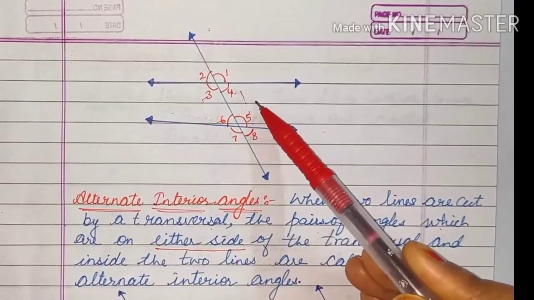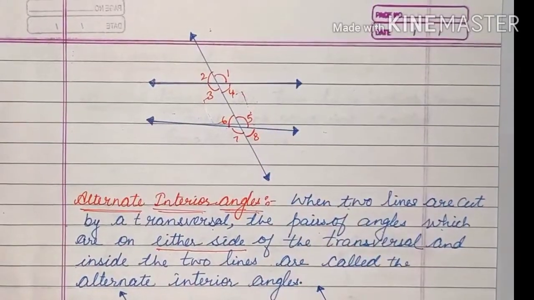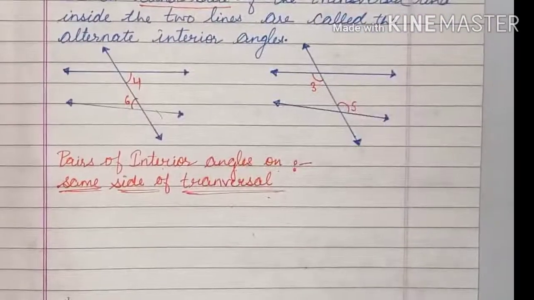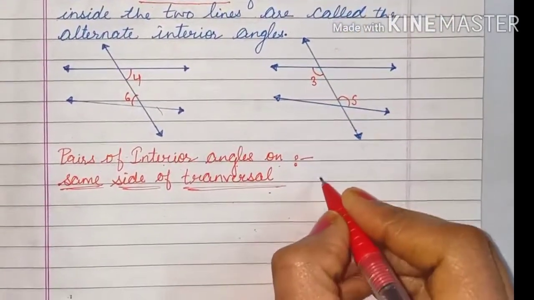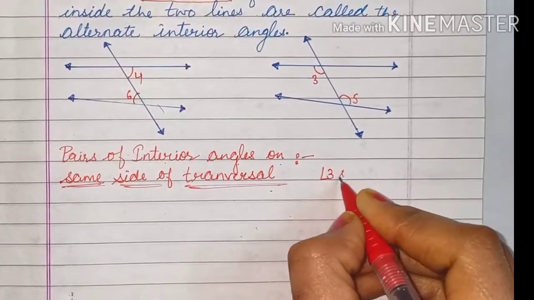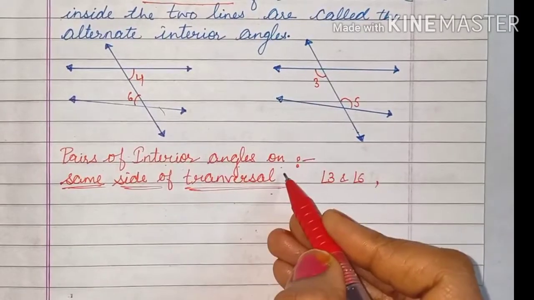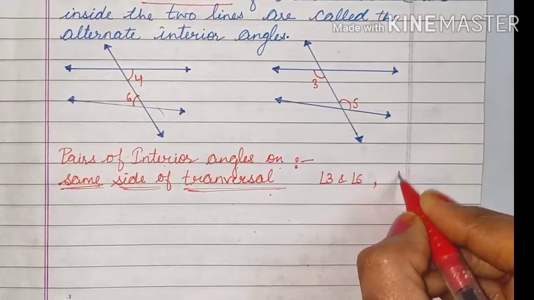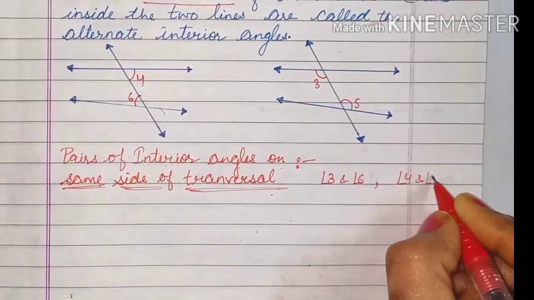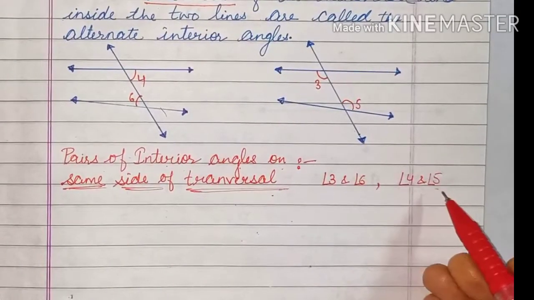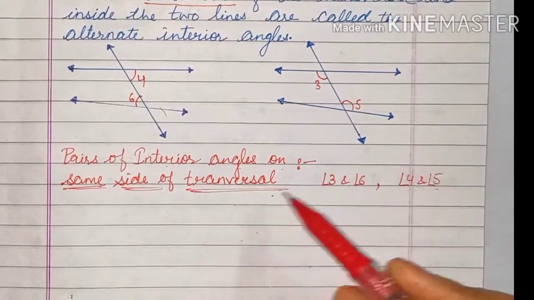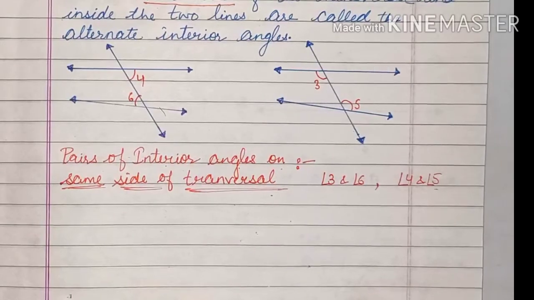These are on the left side and these are on the right side. So we will write angle 3 and angle 6 are one pair of interior angles on the same side, and angle 4 and 5 are also a pair of interior angles on the same side of the transversal.